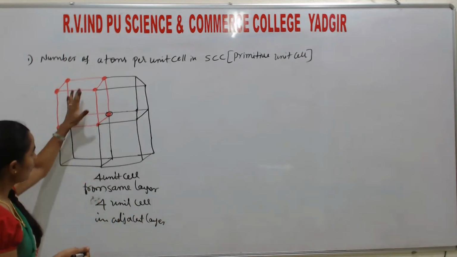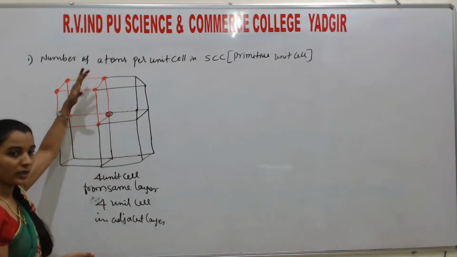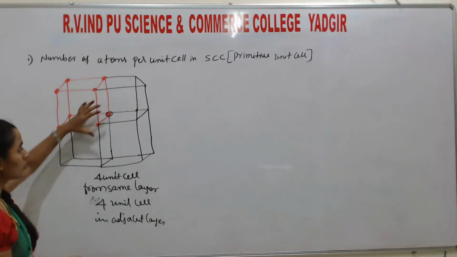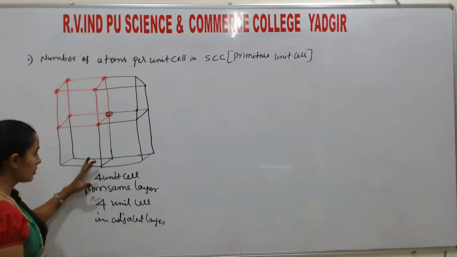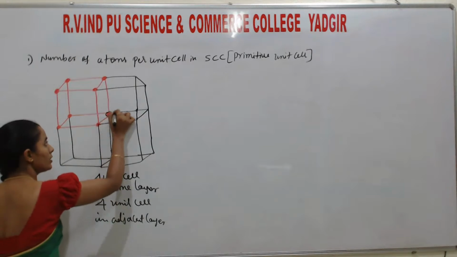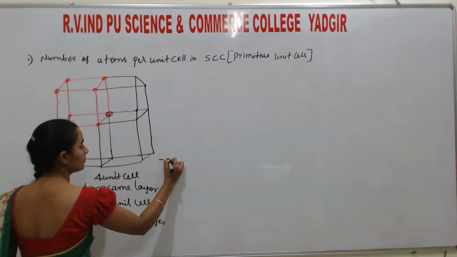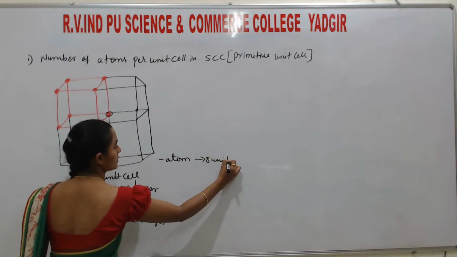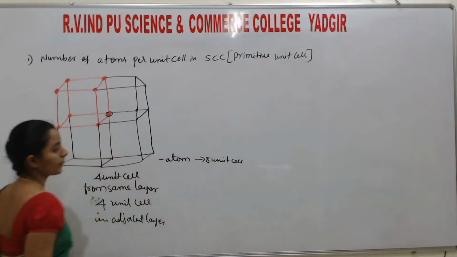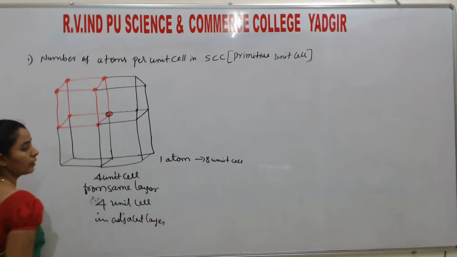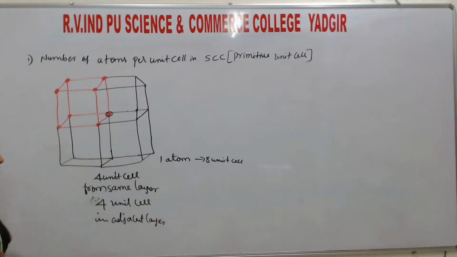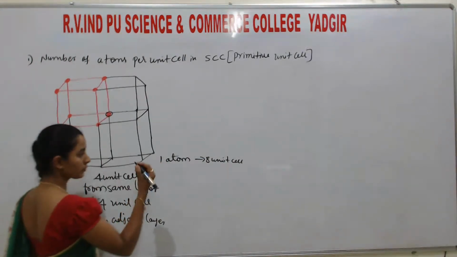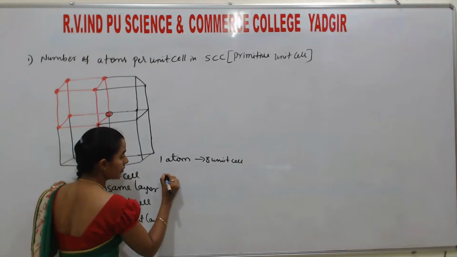So in total, 1 atom is shared between 8 unit cells. Okay, 1 atom is shared between 8 unit cells. Then the number of atoms per unit cell is how much?